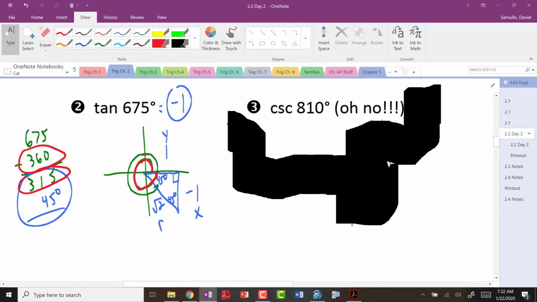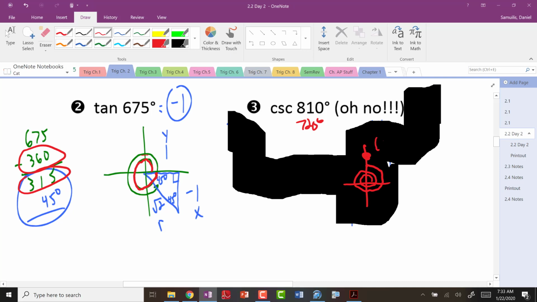Oh no, 810. That's a big one. 360, 360. That's 720. How far away is 810 from 720? Well, it's another 90. So there's 360, there's 360, there's 90. Oh no, I got to get a coordinate there because this is not a triangle.